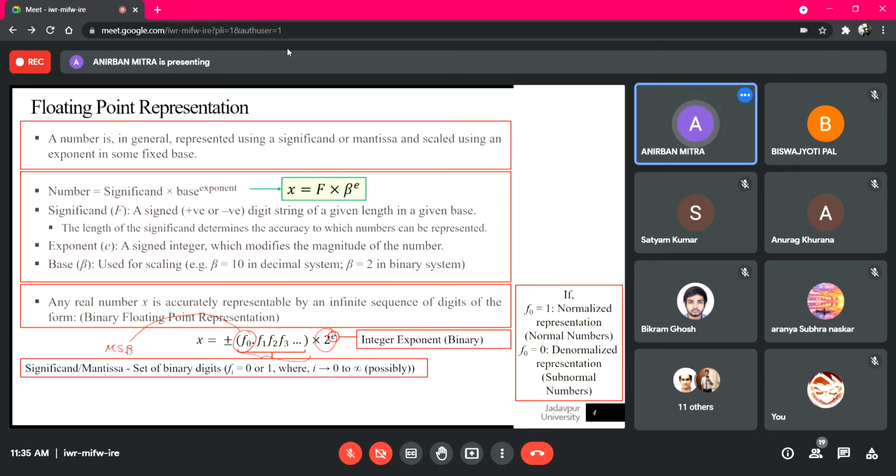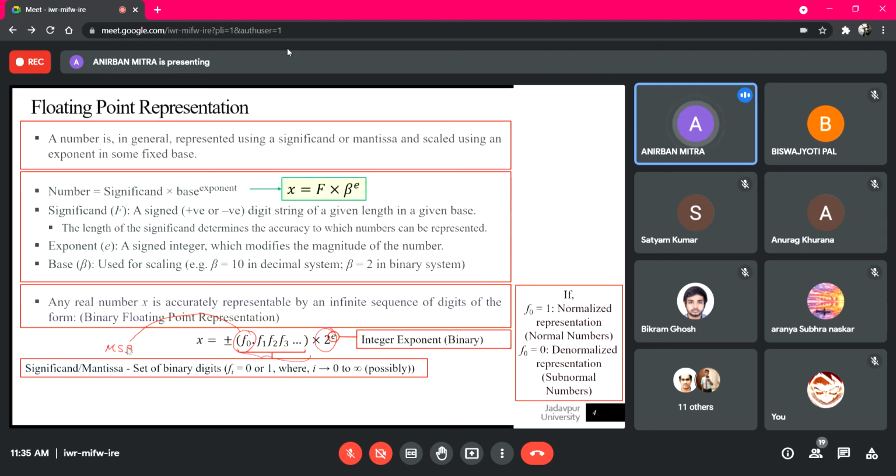If F0 is equal to 1, then it is known as a normalized representation, and the numbers used in normalized representation are usually referred to as normal numbers. On the other hand, if this most significant bit, F0, is equal to 0, the numbers are called subnormal numbers, and this is known as a denormalized representation.